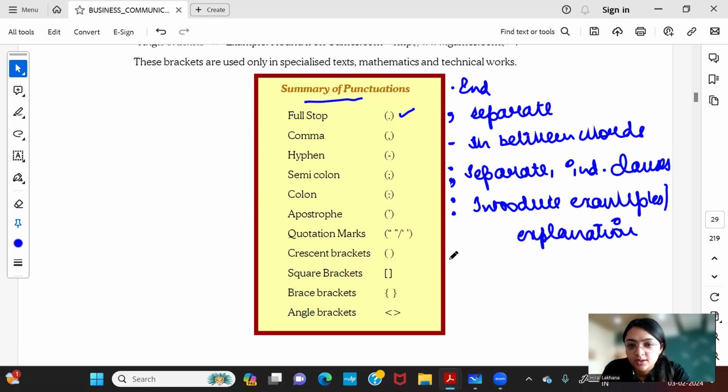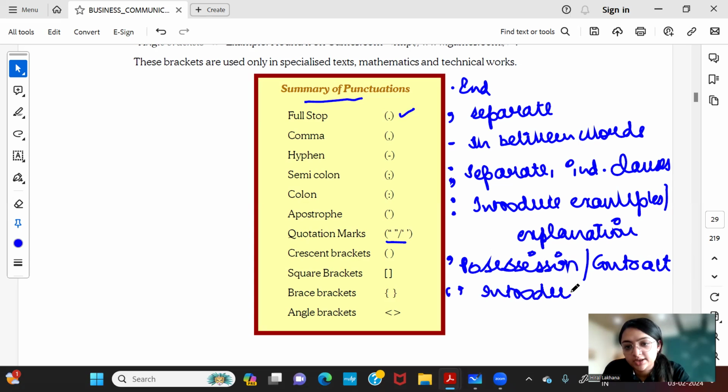And then we have the apostrophe. Apostrophe is used to indicate possession, or if we want to contract, that is shorten any form of word. Then we have a quotation mark, that is used to introduce a phrase within an already existing sentence. Then we have the four different types of brackets, the usage of which we just saw.